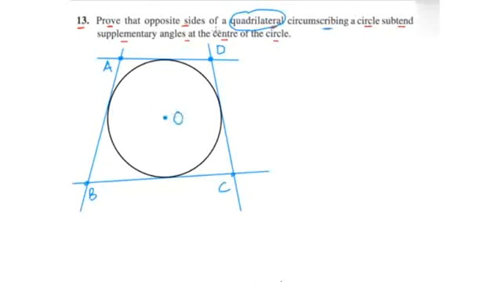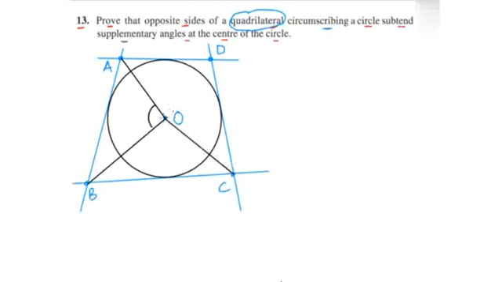Now we have to prove that the opposite sides subtend supplementary angles at the center of the circle. So what does this mean? So let's take the side AB. So AB will subtend this angle AOB at the center of the circle, correct? Now the side opposite to AB is CD. So let's join OC and OD.